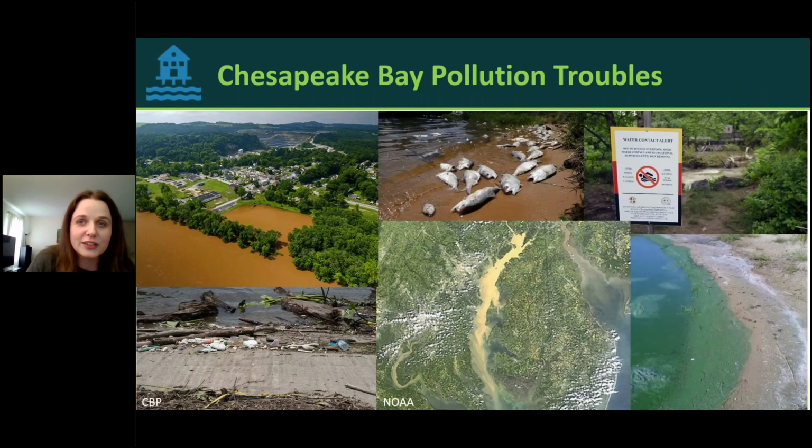However, we are dealing with some pollution troubles, even with the current climate conditions and the way we use our land. This has been ongoing for quite some time, and the main source of our bay pollution problems comes from excess nutrients entering the watershed and also excess sediments. This happens from different storm events.